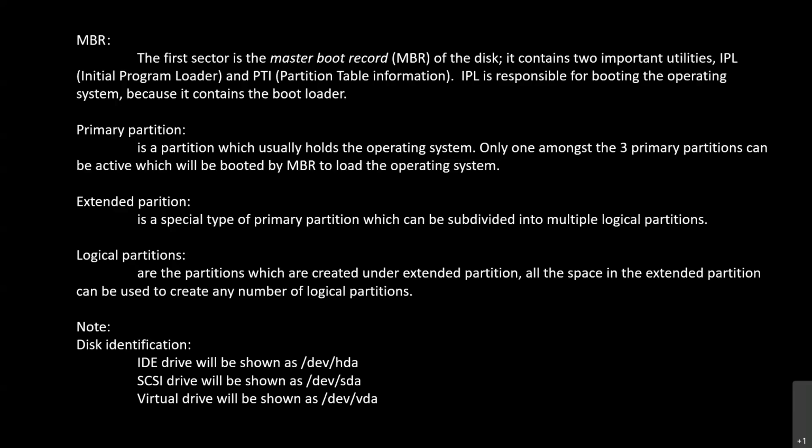And the extended partition is a special type of primary partition which can be subdivided into multiple logical partitions. Logical partitions are partitions which are created under the extended partition. All the space in the extended partition can be used to create any number of logical partitions.